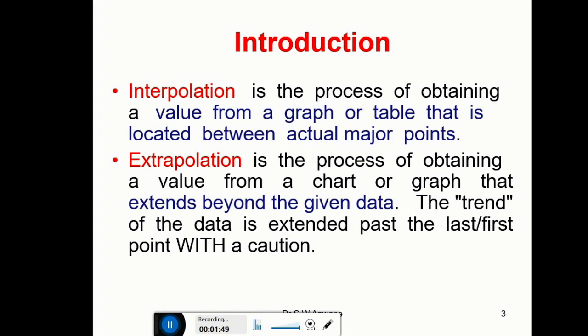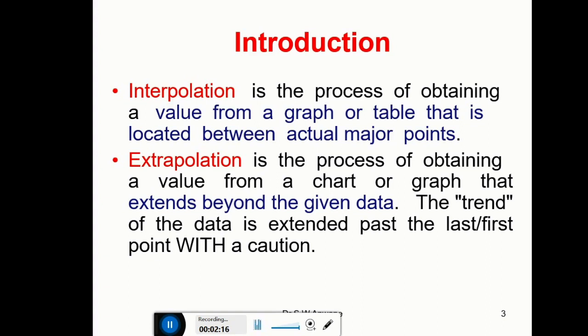For example, we shall be discussing some observations recorded at the interval of 10 degrees centigrade. And if you want an intermediate value for the calibration curve between 30 degree and 40 degree, you have one data at 30 degree, another at 40 degree, you can calculate at 47. That is called interpolation.